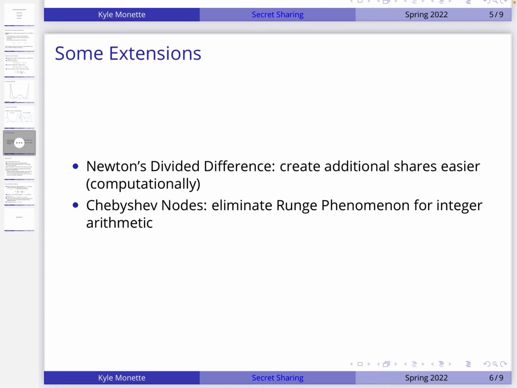That's a theorem, you can prove it. So Newton's divided difference gives you the same polynomial, but the way that you do it makes it a little bit more computationally friendly, in the sense that you can add shares on without having to regenerate the polynomial.